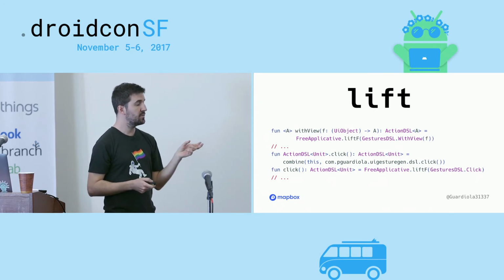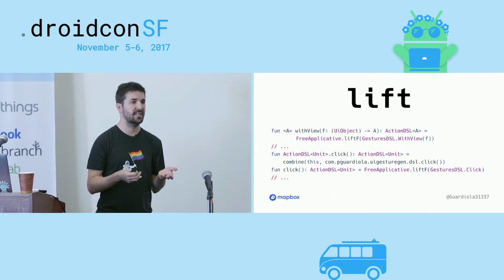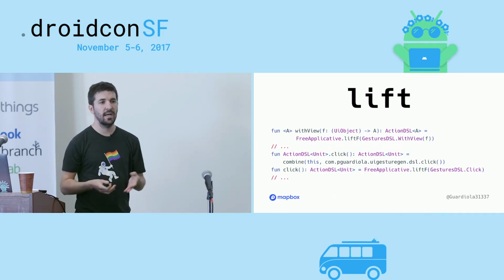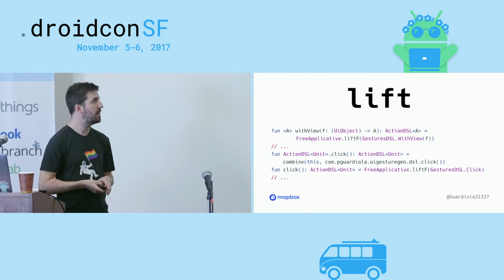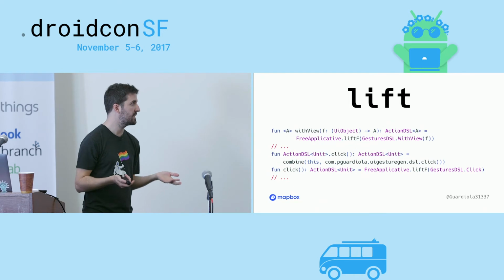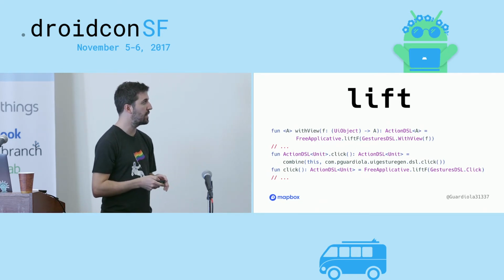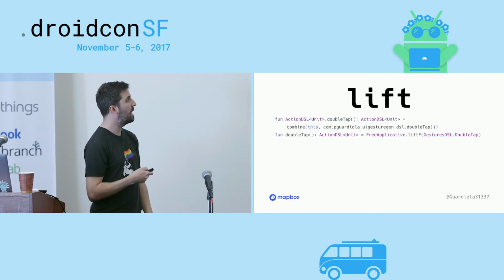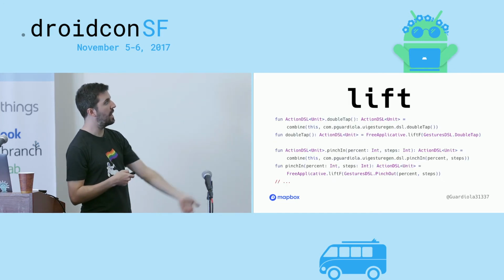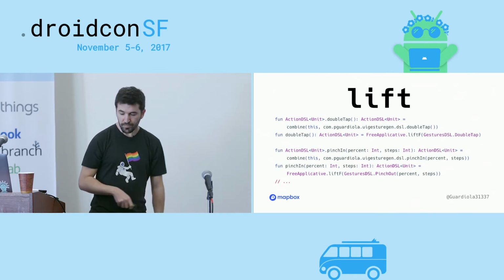This is really great because it will give you a stack safe program for free. I know that in Android we don't normally see StackOverflow exceptions, but it is great to take this into account. And then you will do the same for every operation or every action.